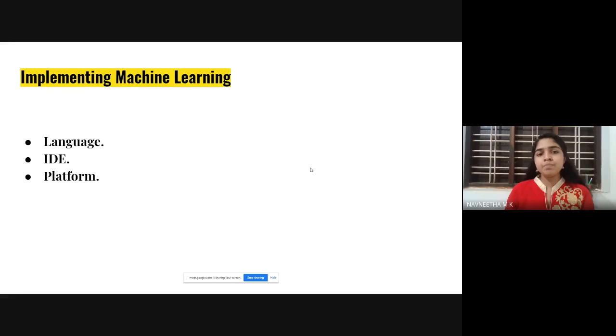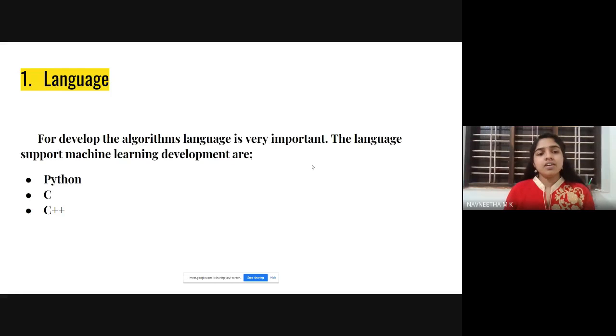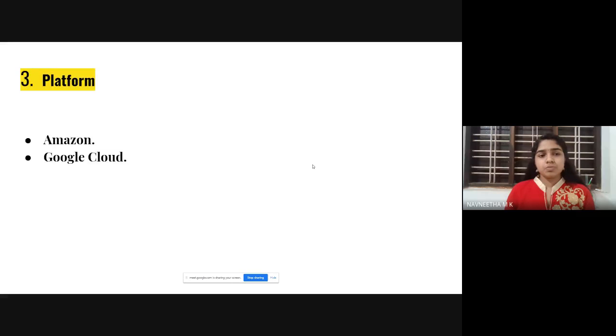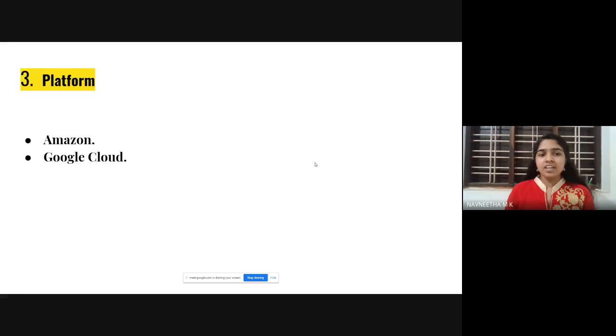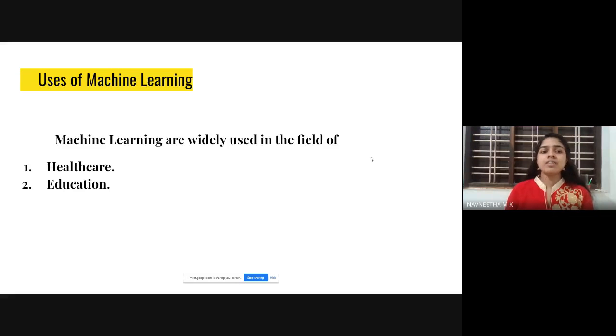How to develop machine learning, and what are the tools we need to develop machine learning. That is a language, IDE and platform. These must be understood for developing machine learning.